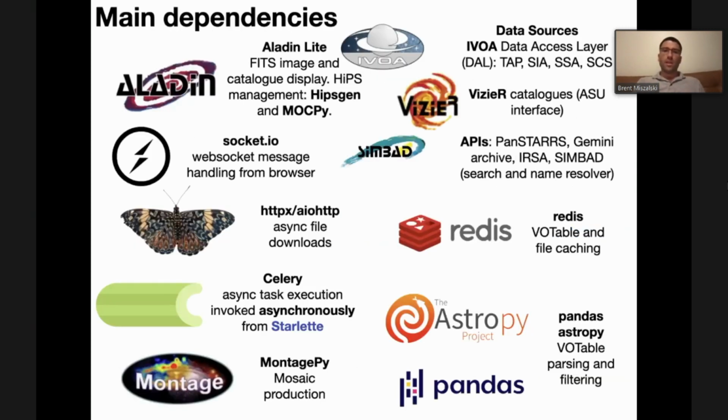We have several dependencies that go with the application. I've already spoken about some. We use a wide range of IVOA DAL services, various API endpoints, VizieR, in particular the ASU interface, a whole bunch of asynchronous Python packages, and so on.